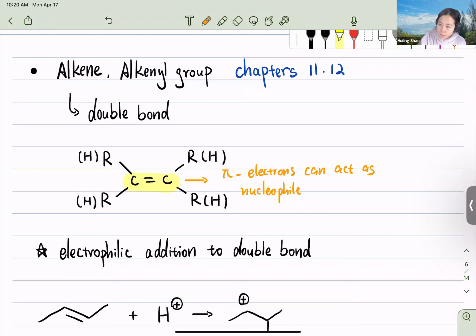Remember what nucleophile means: electron pair donor, or Lewis basic. All right, so alkenes are chemically more relevant compared to the alkyl group we talked about because of the double bonds.